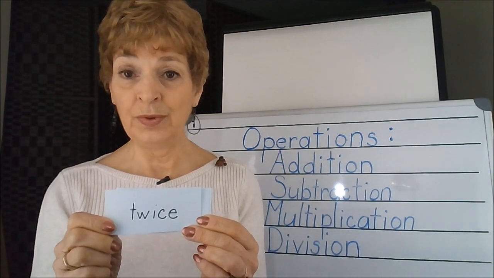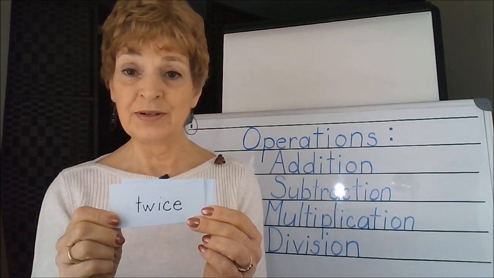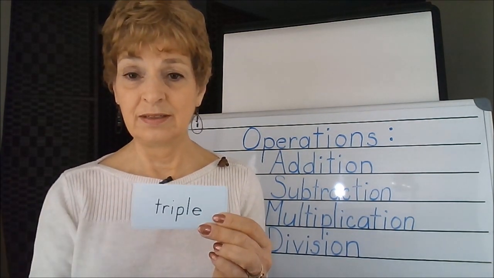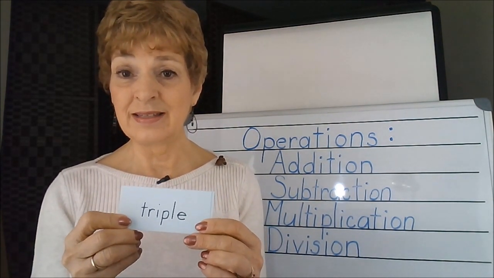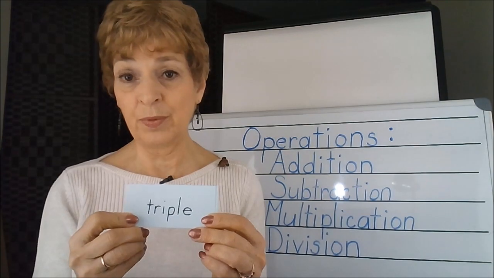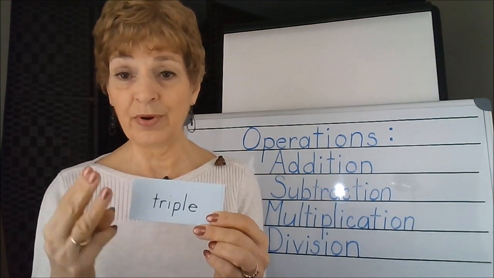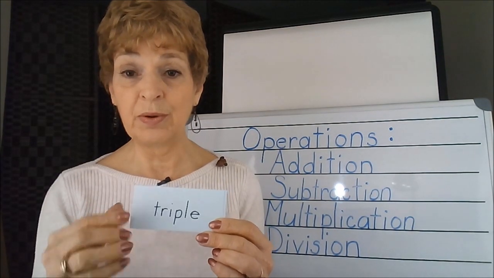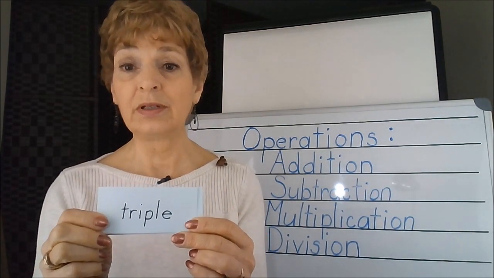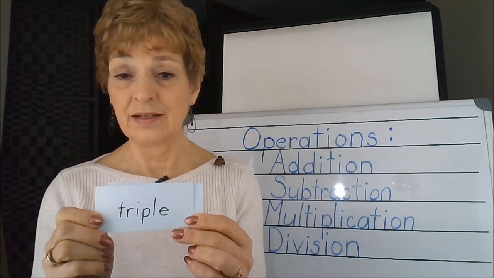Twice meaning 2, and the operation of multiplication. Similarly, triple is a multiplication and a number word. Triple giving you the number 3. If you were 3 times as tall as you were when you were born, you would have tripled your height.